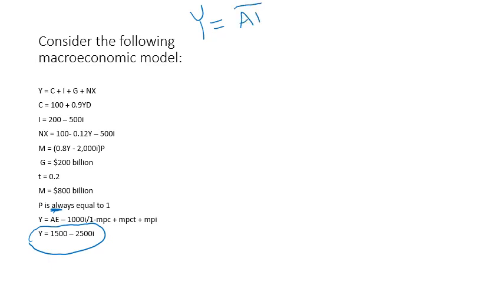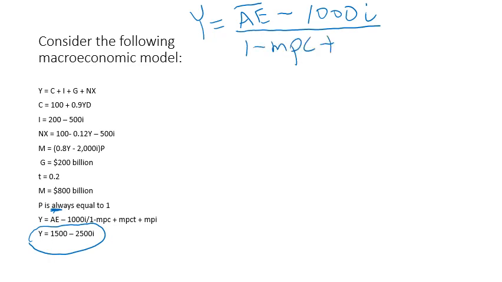Autonomous aggregate expenditures minus 1,000i divided by 1 minus MPC plus MPCT plus MPI. All right.